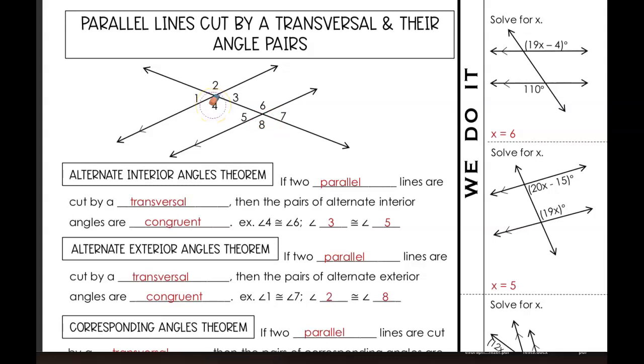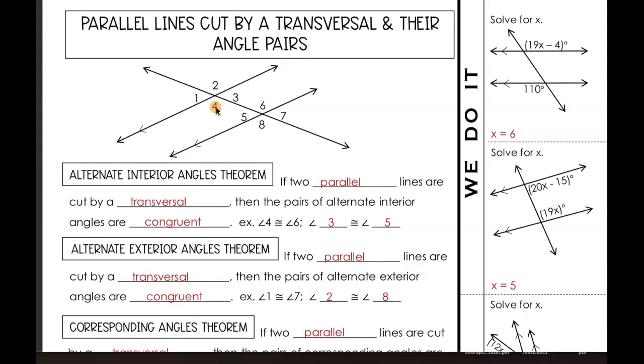Then the other ones that you have are consecutive interior. Consecutive means same, so it's on the same side. Interior still means inside. And what does it tell us? They're not congruent. What does our definition say?